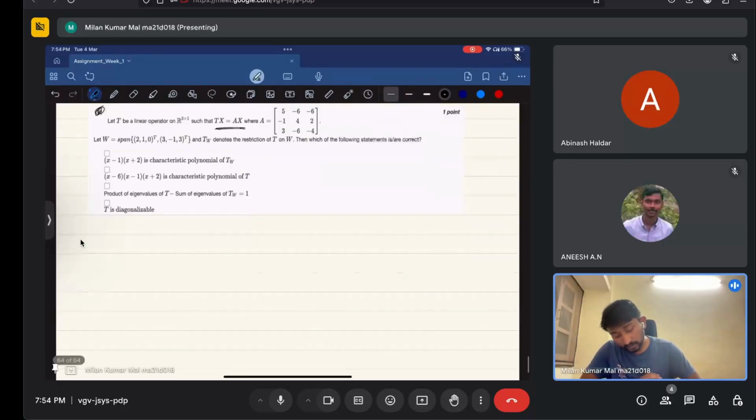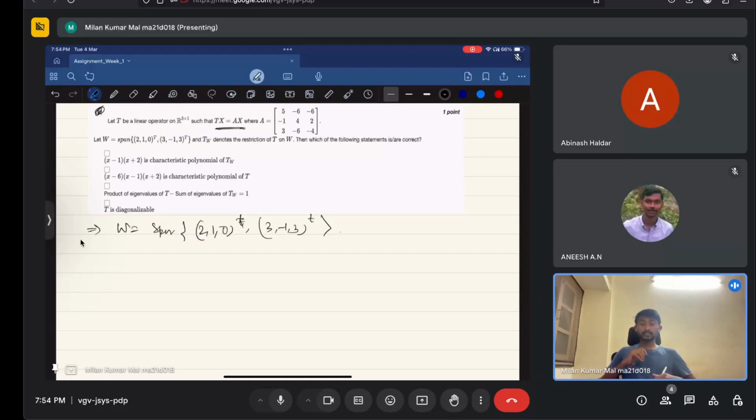Let W equal the span of the vectors 2 1 0 transpose and 3 minus 1 3 transpose, and T_W denotes the restriction of T on W. This space W is invariant with respect to T, but we will check. Which of the following statements are correct?